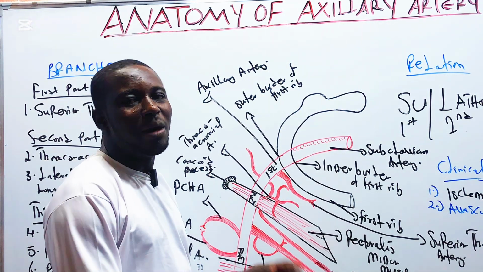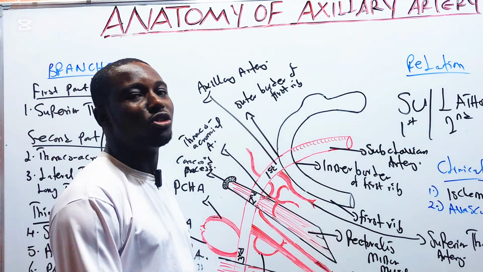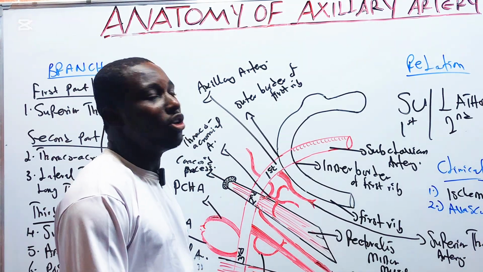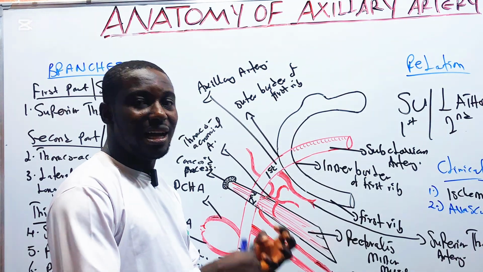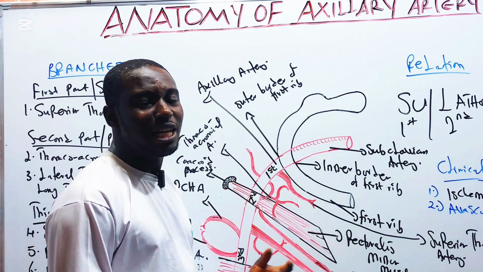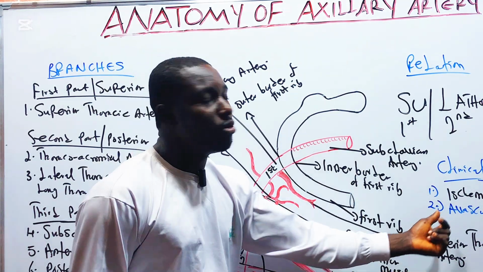Avascular necrosis of the upper limb structures, whereby there is the death of those tissues because there is no blood supply entirely. So it occurs as a result of blockage to the axillary artery in the upper limb structures, because there is no blood supply at all.